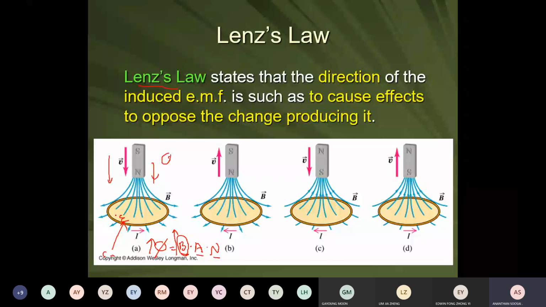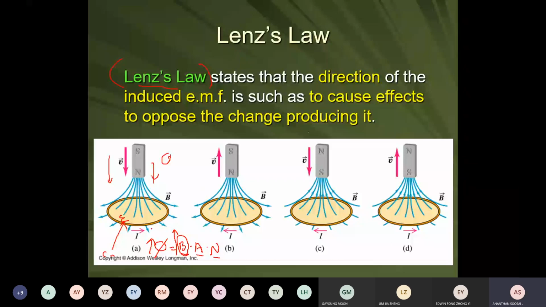The direction of the current flow is explained by Lenz's law. Now we understand why in this diagram the current flows in an anti-clockwise direction. According to Lenz's law, the direction of the induced EMF is such that it opposes the change producing it.